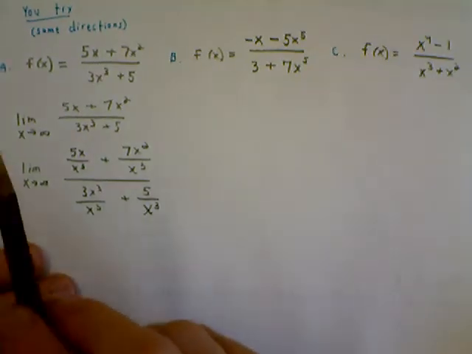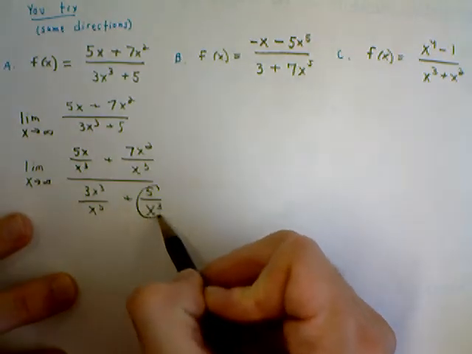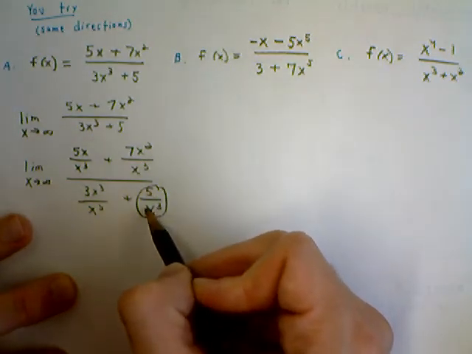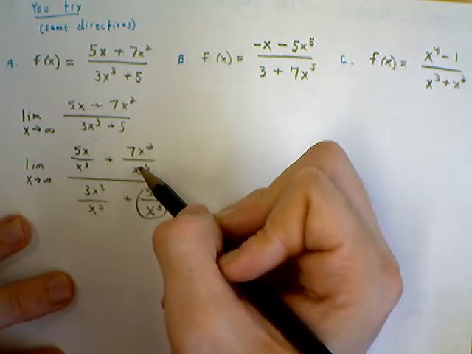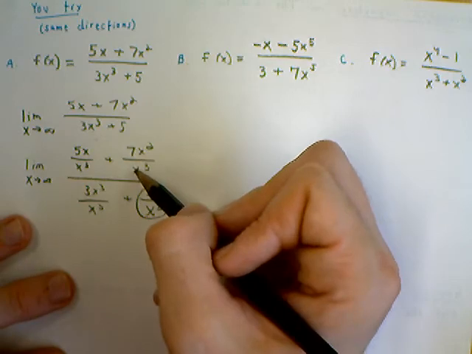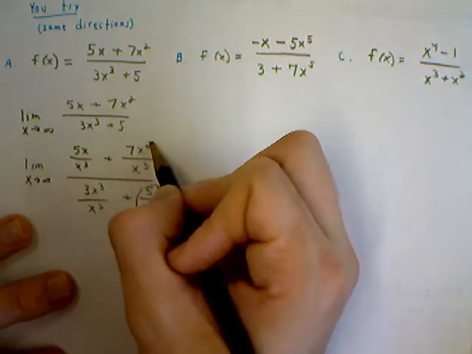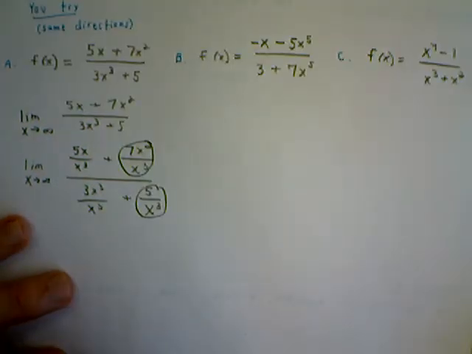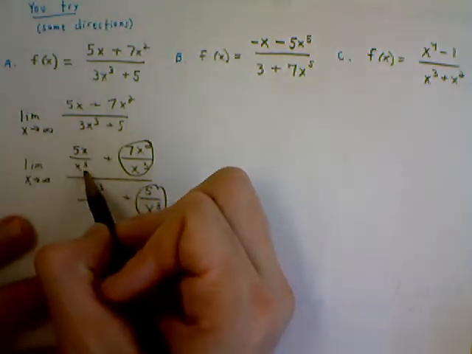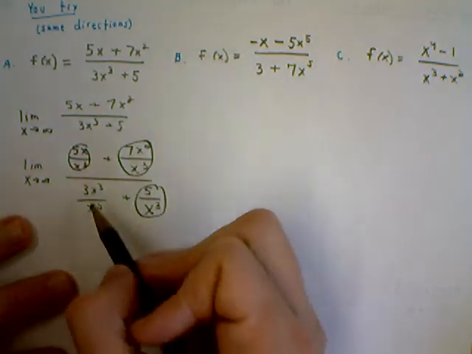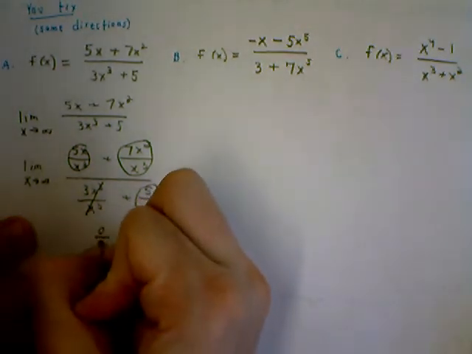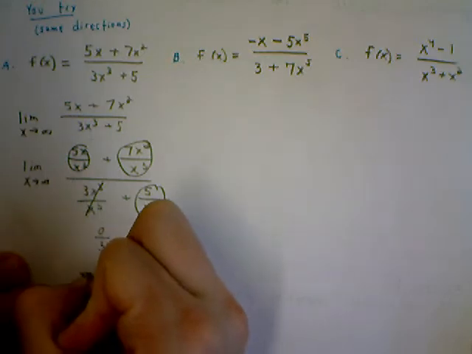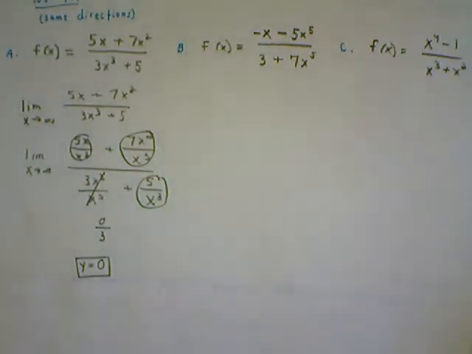Now I see that this is going to go to 0, because 5 divided by a really big number is 0. This becomes x squared over x cubed, which is 7 over x. That's also going to go to 0. Right here, this is going to become 5 over x squared. This is also going to go to 0. These cancel, and I'm left with 3. So I end up getting 0 over 3, or 0. So y equals 0 is our horizontal asymptote.